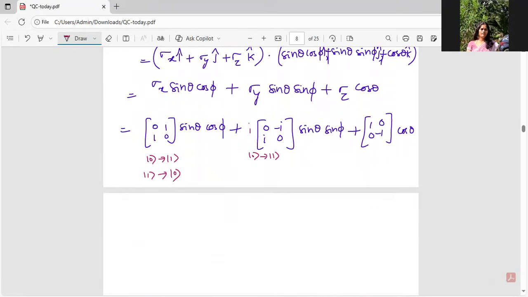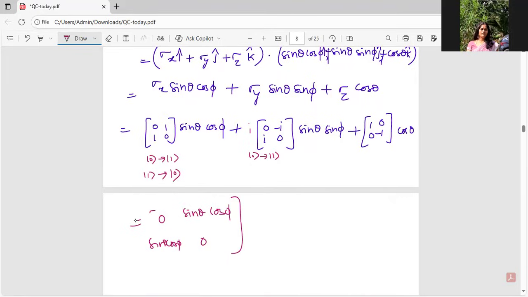Yeah. Now my focus is on how I get that cos theta, sin theta kind of notation, the Bloch sphere notation, for which I am doing this. Now multiply sin theta cos phi to the matrix. So I'll be getting 0, sin theta cos phi, sin theta cos phi, 0.